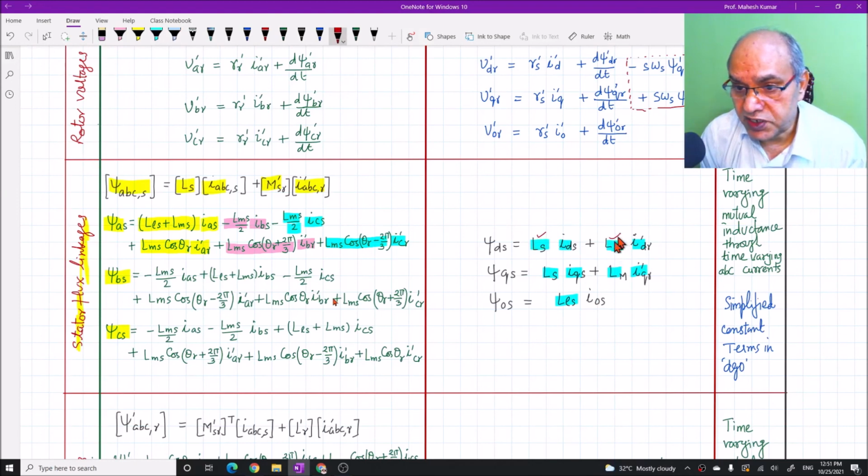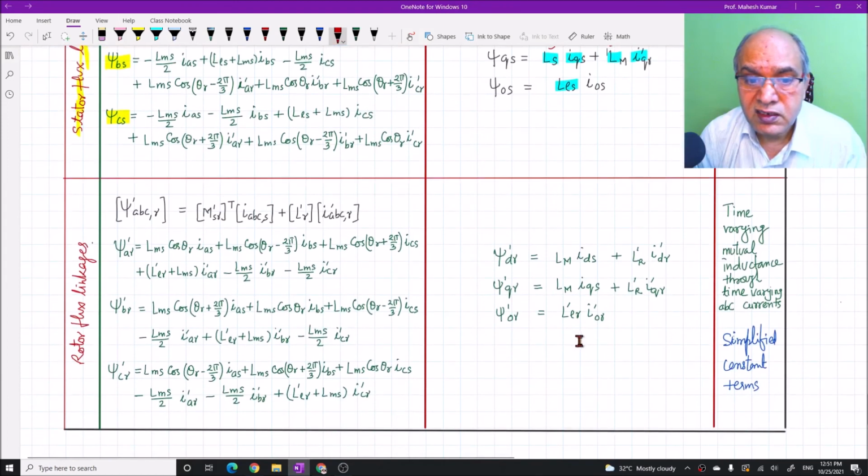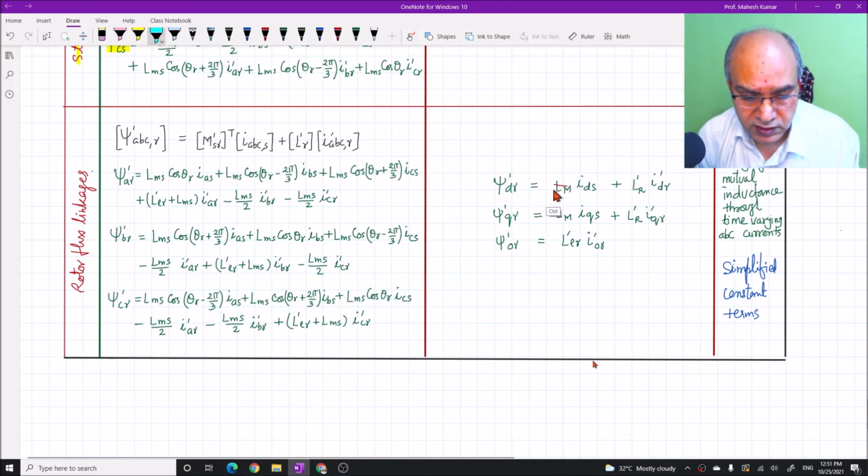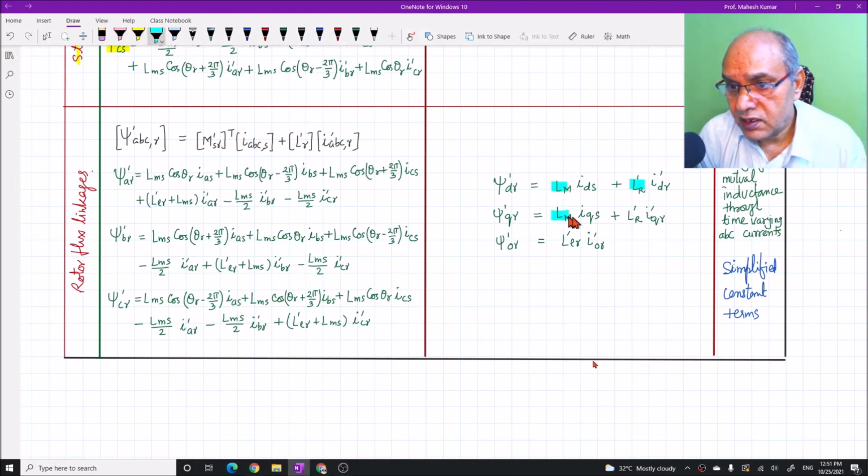The matrices are constant. They are not varying with theta r. And then there are current variables, which is natural. Similarly, the rotor side flux linkages are very much simplified in terms of the constants of the machine, that is LM, LR dash and LLR dash.